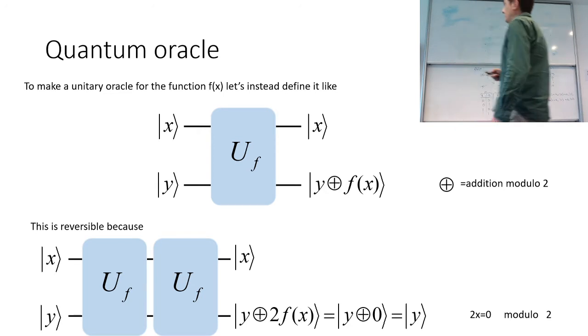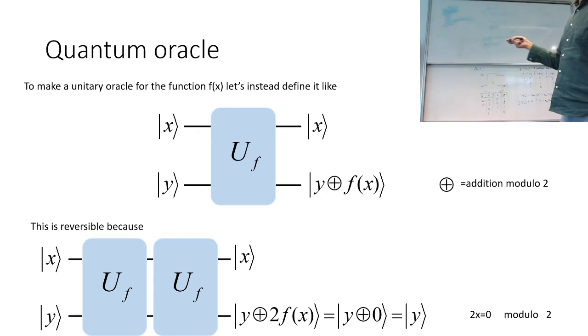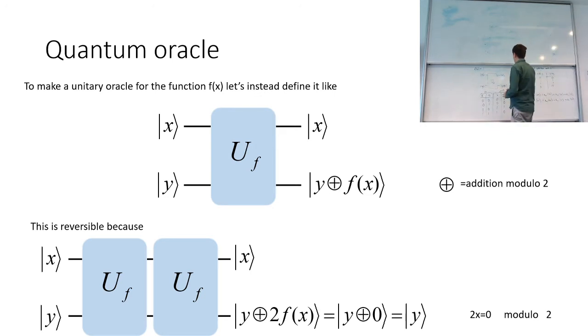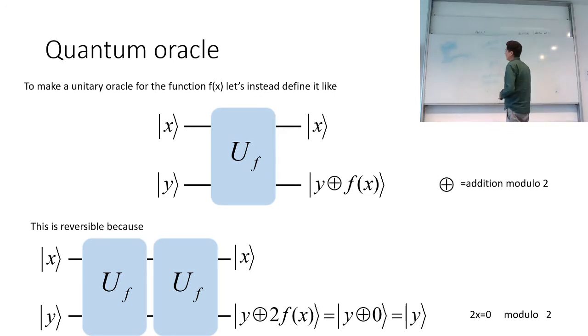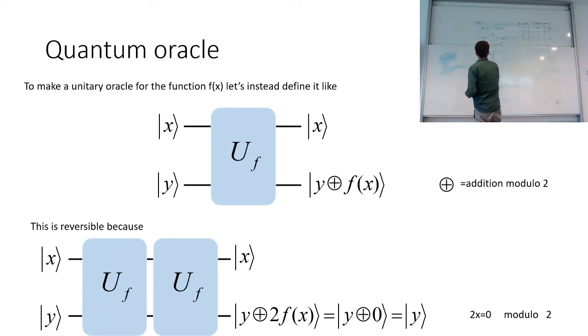I basically just explicitly demonstrated that it's reversible. If I combine two of these gates together, one of these adds f of x to this output, and then we put that into another box like this. Here's our state x, y.